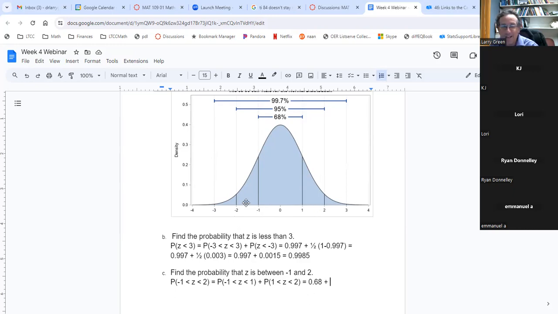By symmetry, those pieces have the same size. So if I divide the two pieces by 2, then I'll get between 1 and 2. So that's going to be 1/2 times, now I want to go between -2 and 2, which is 0.95, minus 0.68. Any questions on that? Any questions?